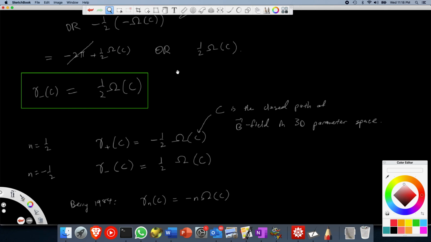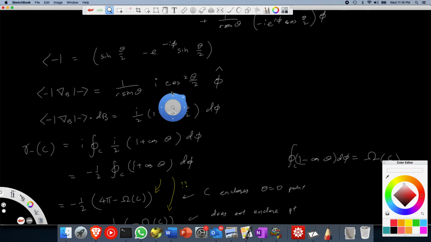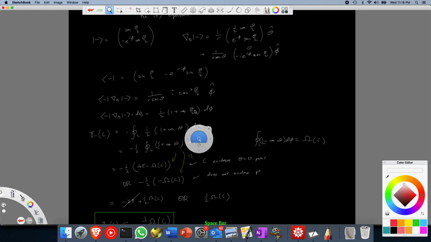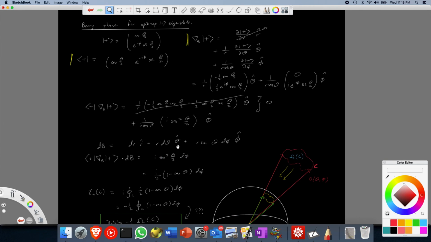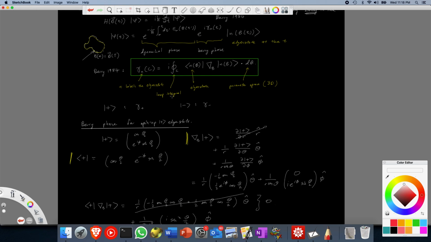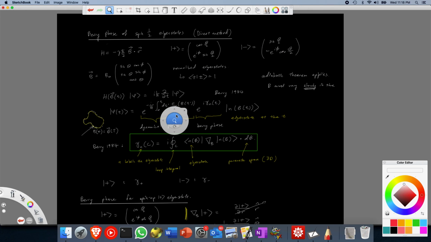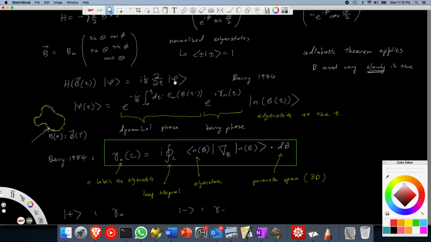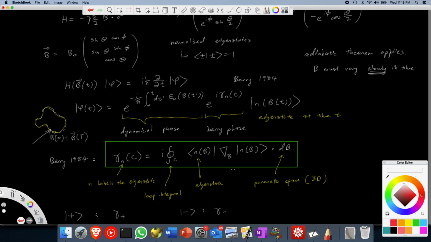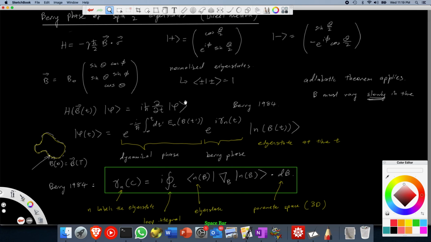In essence, I just wanted to go through the calculation of Berry phase in the direct sense, because in Berry's paper he went through the calculation using Stokes theorem, in the case of a three-dimensional parameter space. Of course, the magnetic field is a three-dimensional parameter space, but I wanted to apply this formula directly to the spin half eigenstates, because we have the expression for the spin half eigenstates and the expression for the gradient.